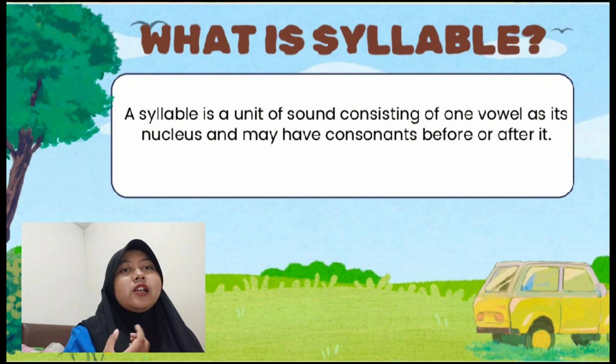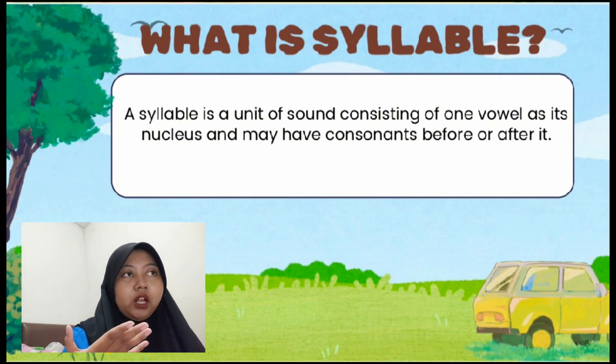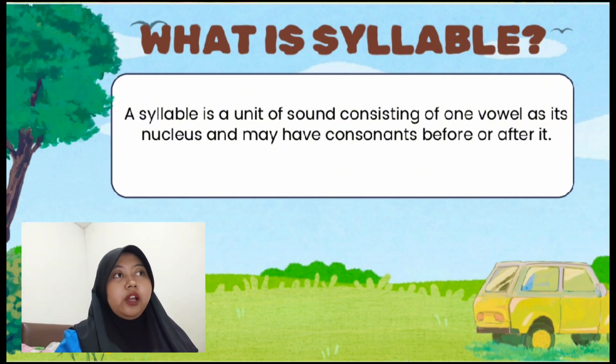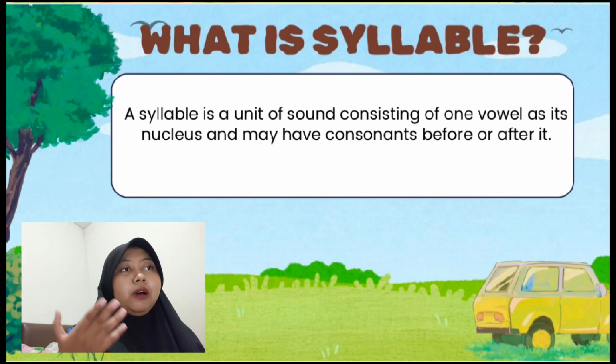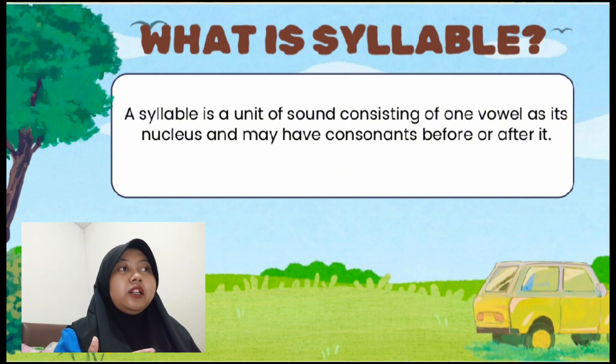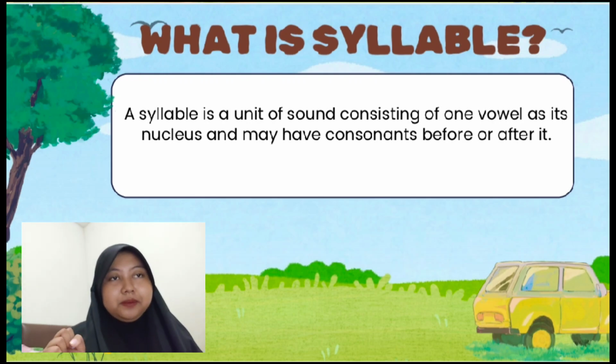Each syllable has one vowel sound as its core and may be preceded or followed by consonants. When we pronounce a word, we usually pronounce it in one or more syllables.